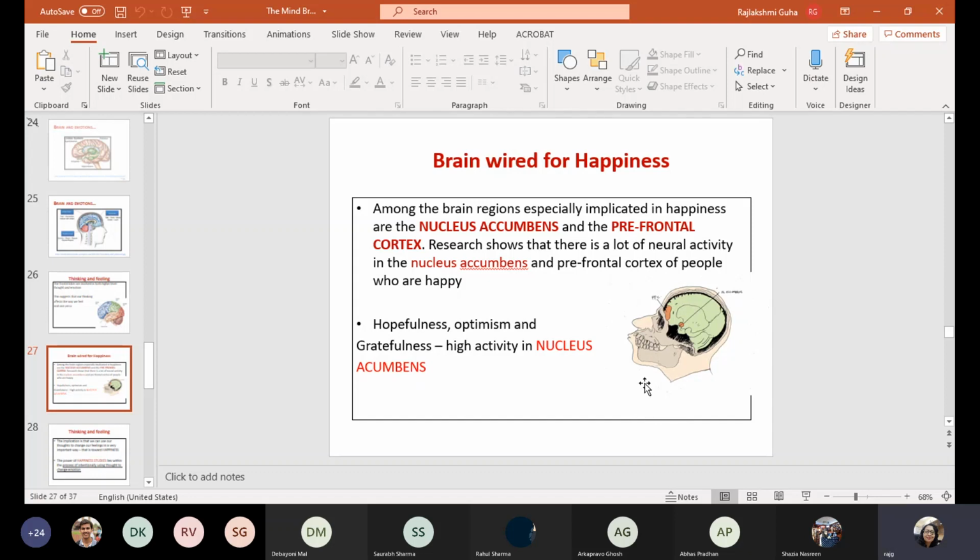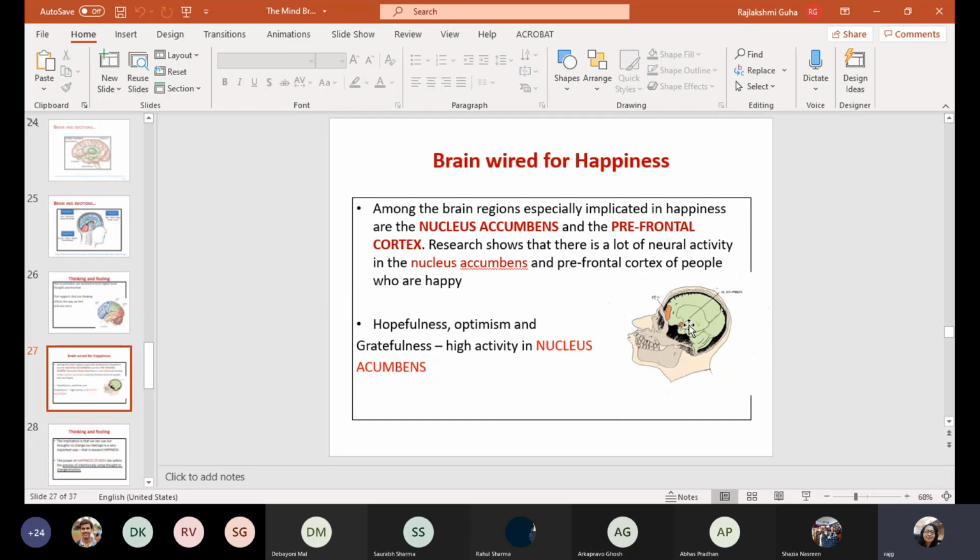So we say that this area of the brain definitely has something to do with happiness, and it also implies that these parameters of feeling good about things, feeling optimistic, feeling satisfied with the world, feeling grateful towards the world, are related to happiness.